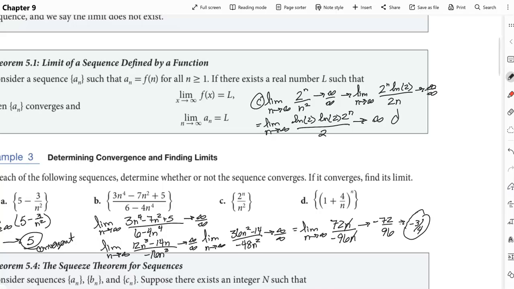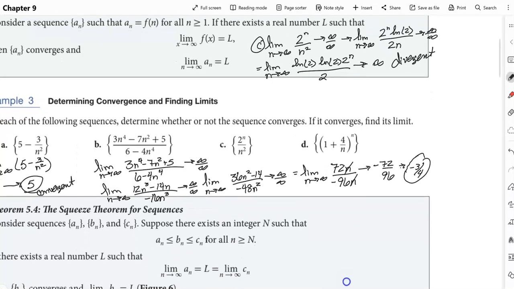So this is a divergent sequence, because those terms are getting larger and larger as n gets larger and larger. That's different than the other ones because they were heading to a specific place. The terms were heading in that first case to 5, in the second case to -3/4.